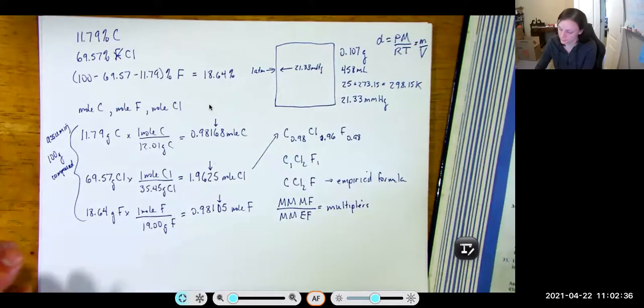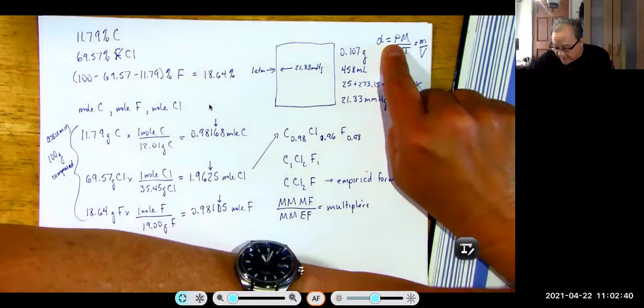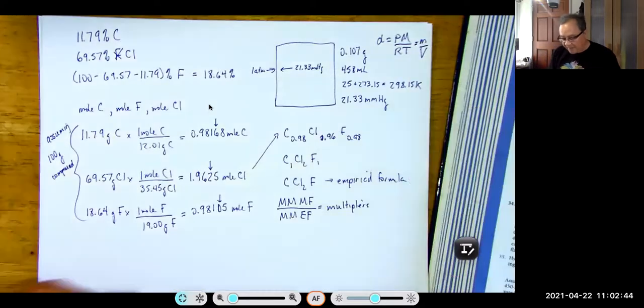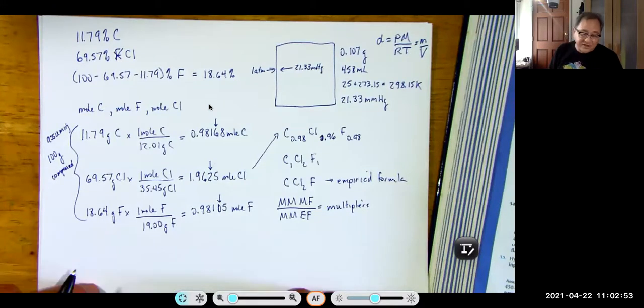So we could calculate the molar mass if we have the pressure, the temp, the mass, and the volume. Do we have those things? Right. So we can calculate the molar mass here and then use this equation to get the multiplier.